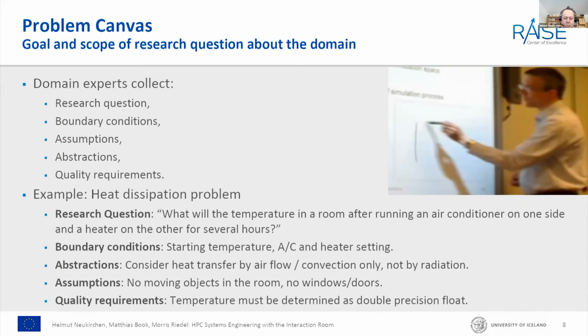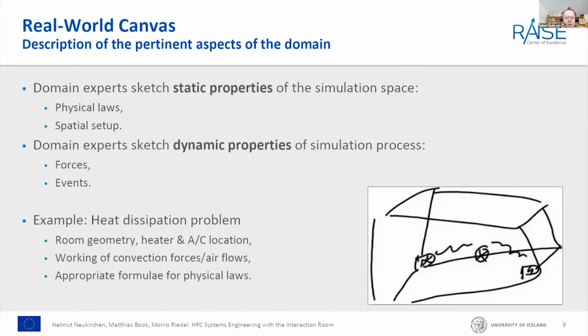And quality requirements might be like we want to have double precision float numbers. So this would be the very first thing, like a scientist comes to some HPC or AI or whatever expert and needs to tell what is my problem about. And after having set that generic general problem, we can then go into the more details.